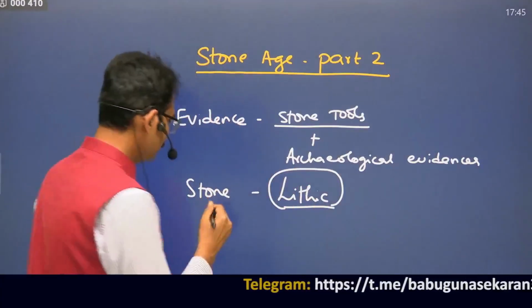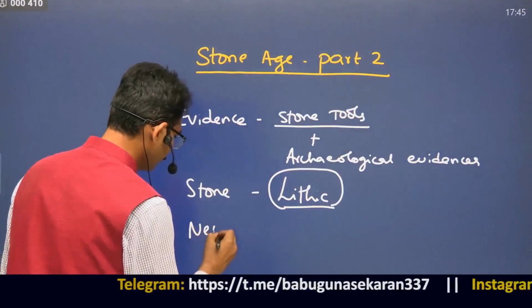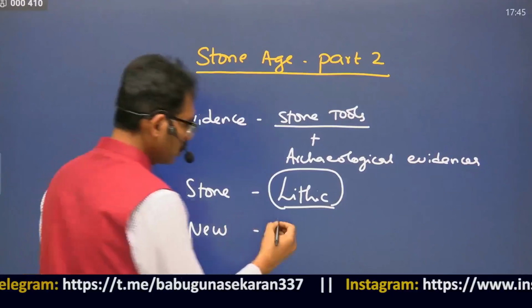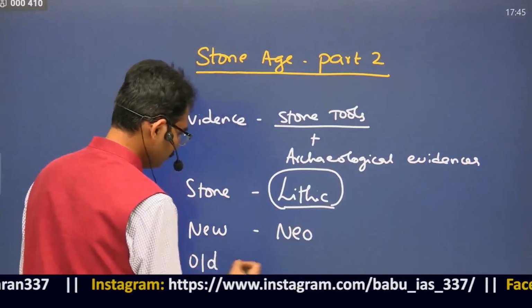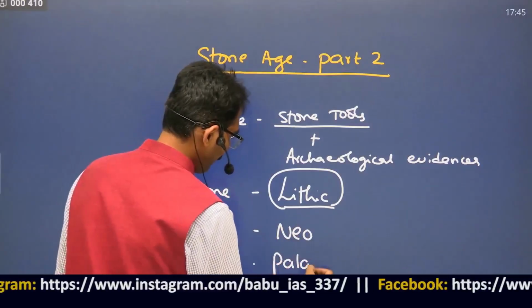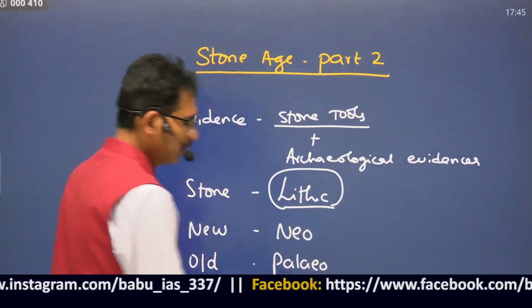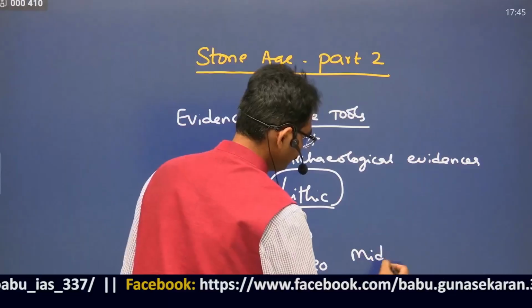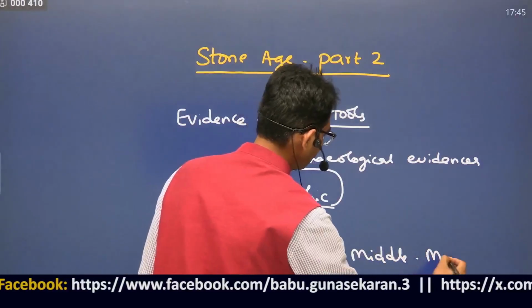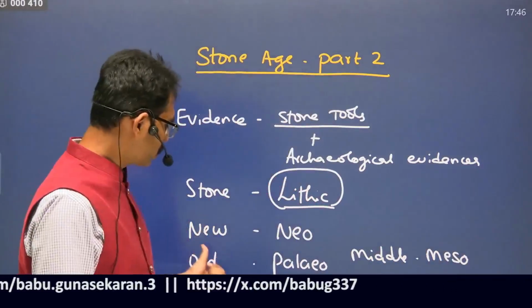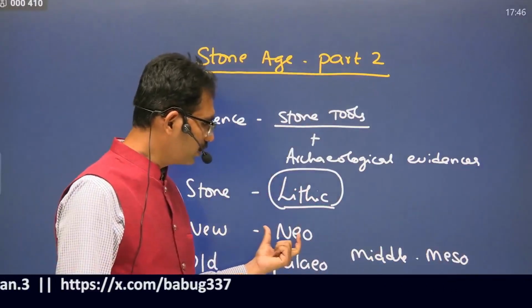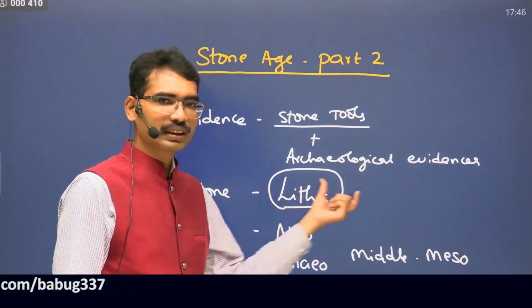For example, if it is new, the root word is neo. If it is old, paleo. If it is middle, meso. If it is Old Stone Age, that means Paleolithic age.